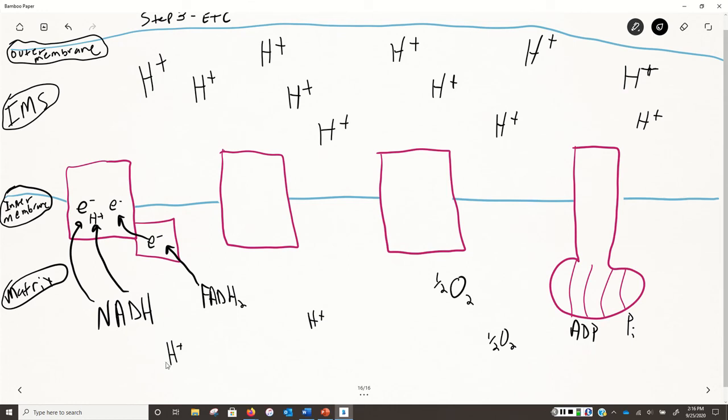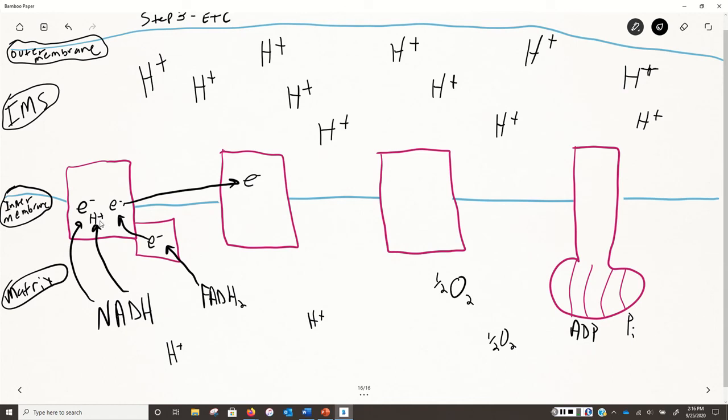All right. Now, let's see, this second protein here, he likes electrons even more than this first protein does. So these electrons that are in the first protein are going to be passed or taken by the second protein. And once the electrons leave the first protein, there's no need for this proton to be there anymore.